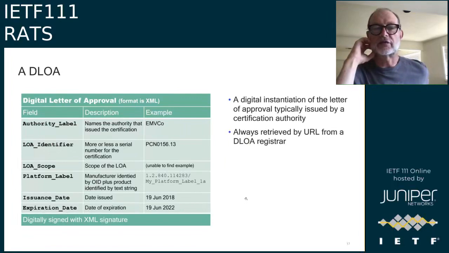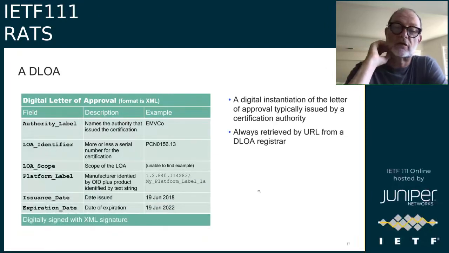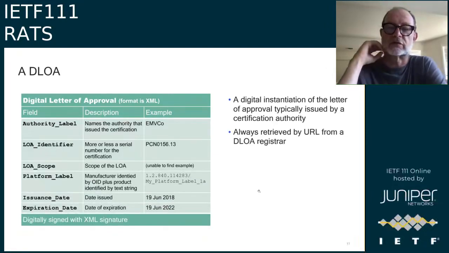Then there's the LOA scope, which I was unable to find an example of, but I assume that more or less has something to do with the type of certification that was granted. Then there is an identifier of the platform to which the certification was granted, and then issuance and expiration date. So next slide.